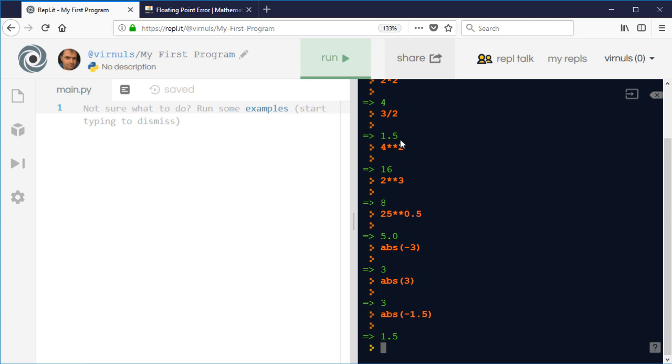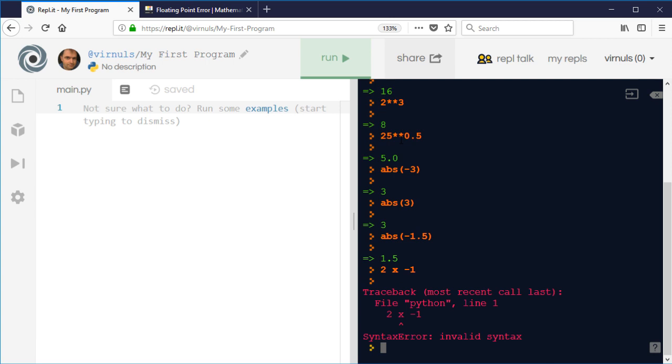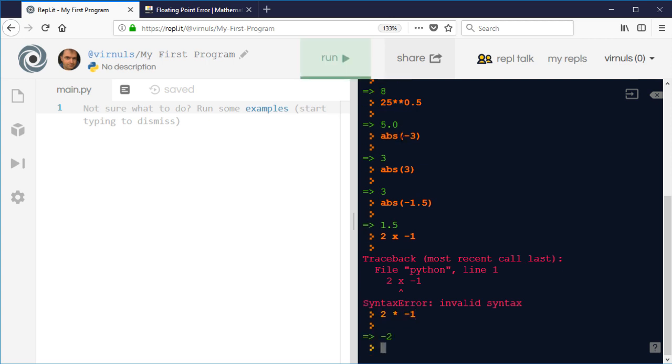If you want to flip signs, don't forget that you can just multiply a number by minus 1. Multiplying a number by 1 keeps it the same value, so 2 times 1 is still 2. But introducing that negative symbol will flip the sign. So if you do 2 times minus 1, for example, that will give me minus 2, and then I can multiply it by minus 1 again.